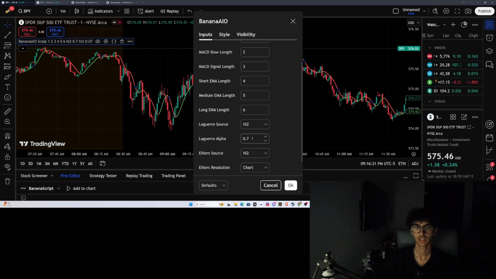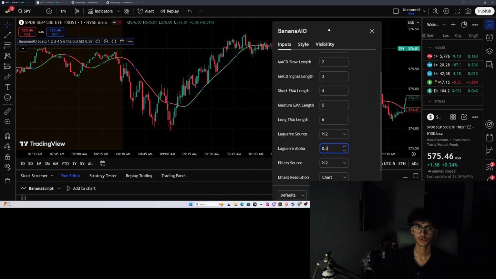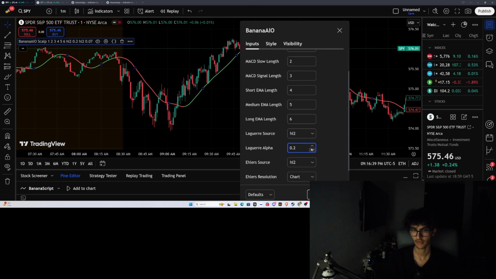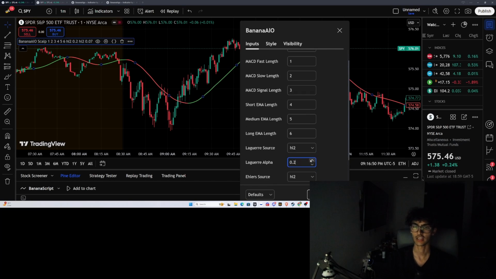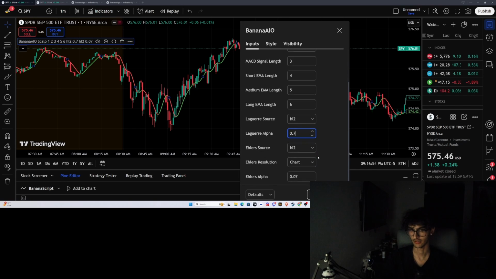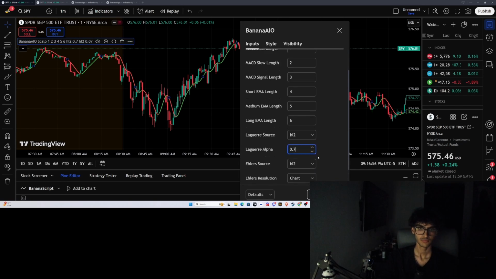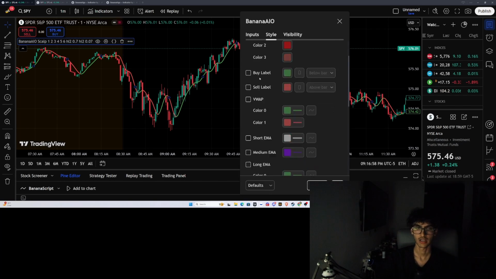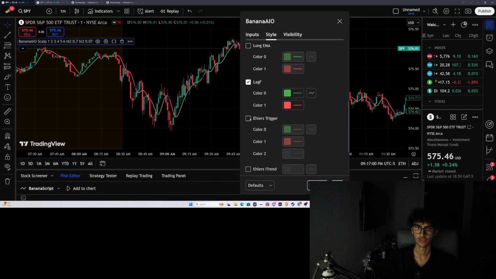To tweak the Laguerre RSI, you'd have to change the Laguerre alpha. If you lower it, it's more safe, and if you make it higher, the highest I'd go is 0.7. If you're going above that, I wouldn't recommend it. If I were to hard code in 2 modes, for safe I'd be using 0.2, and for scalping I'd use 0.7.